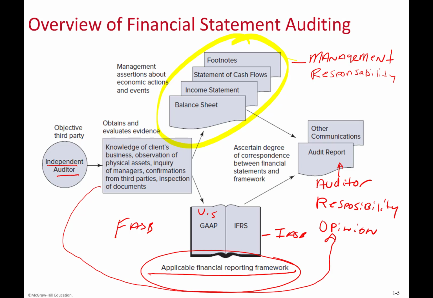Now, when we give this assurance, do we give absolute assurance? It is what? Reasonable assurance. And we said there are a variety of reasons, one being that we are human. The other reason being that we don't look at 100% of the transactions. We look at a sample of transactions. There's always a chance that a sample will not be representative of the population.